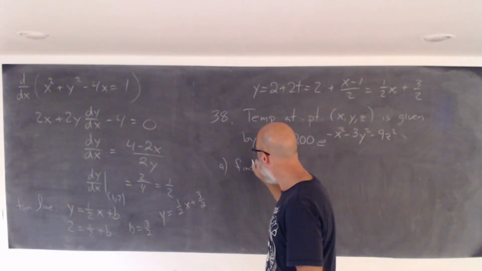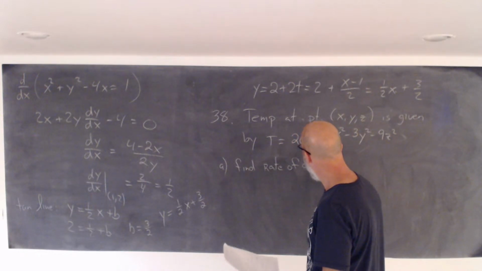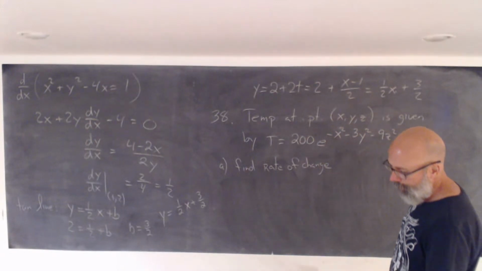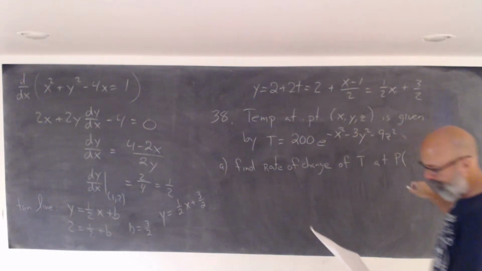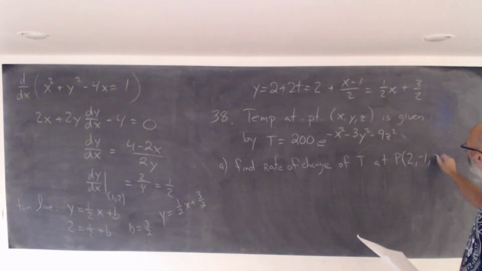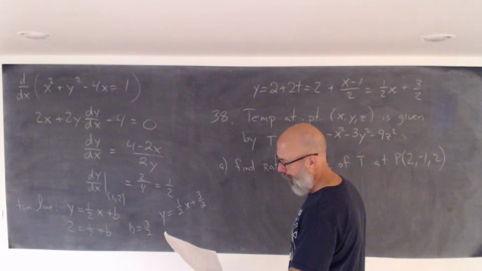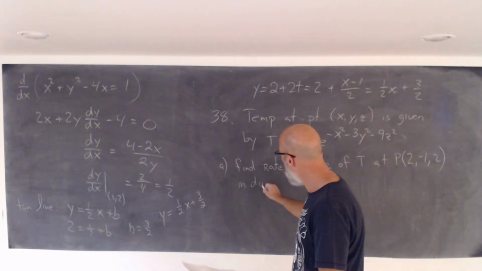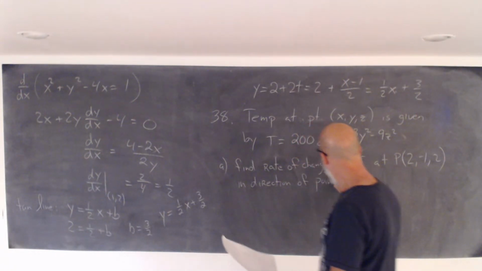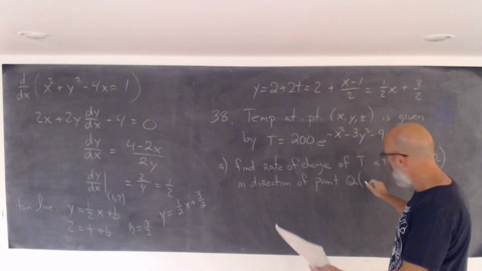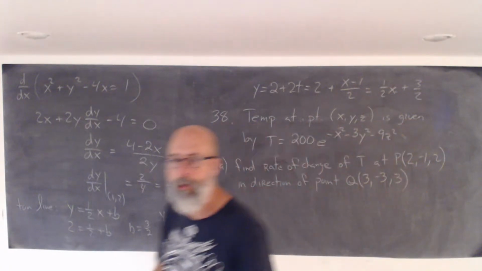Find the rate of change of the temperature at the point (2, -1, 2) in the direction of the point (3, -3, 3).